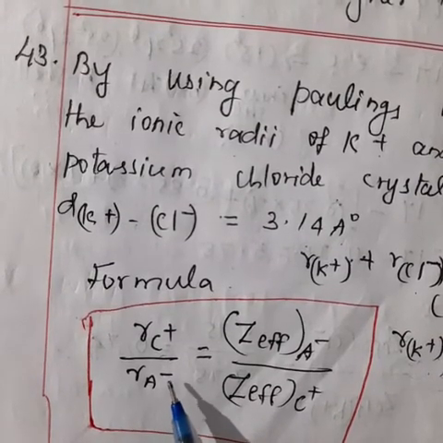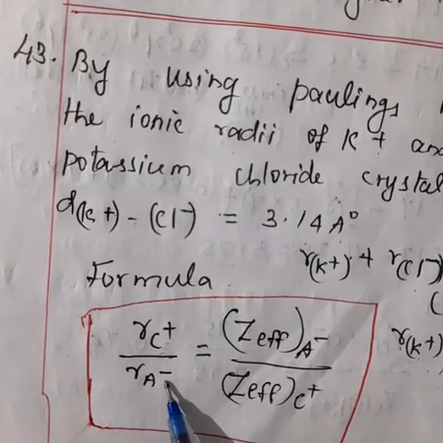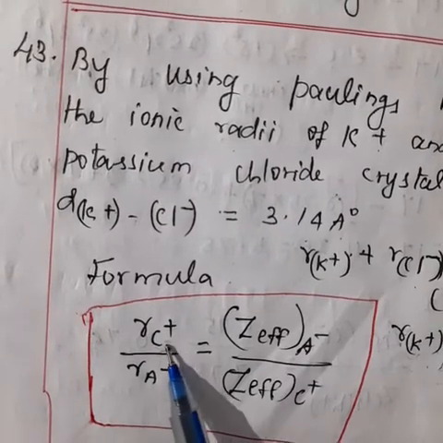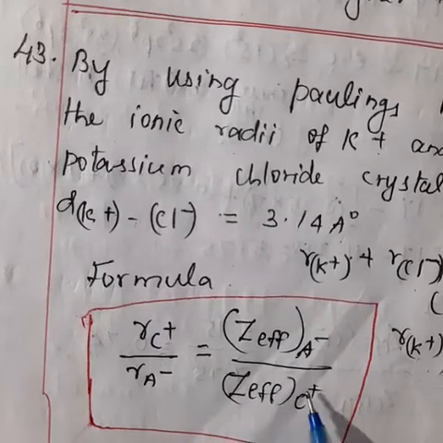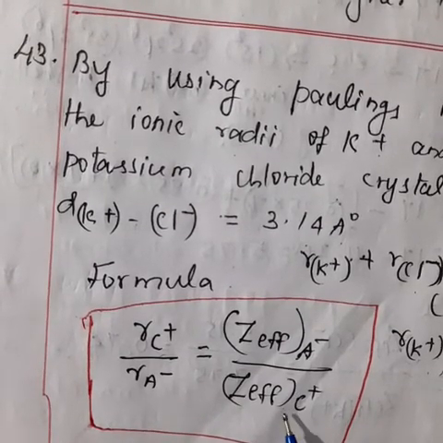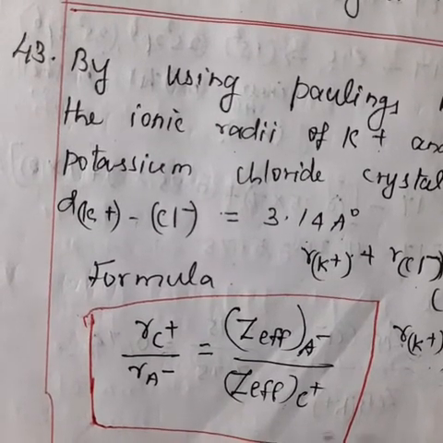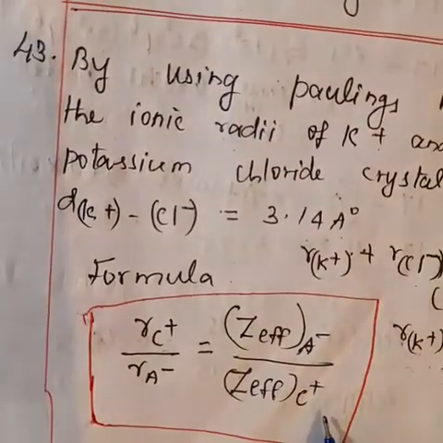We only just studied Pauling's method. This formula: r of C plus by r of A minus is equal to Zeff of A minus by Zeff of C plus. C plus means cation, A minus means anion.